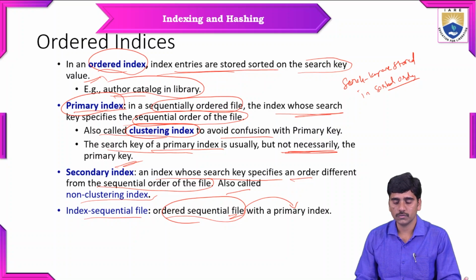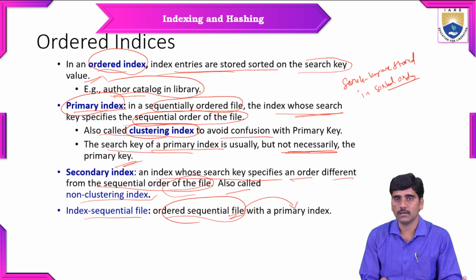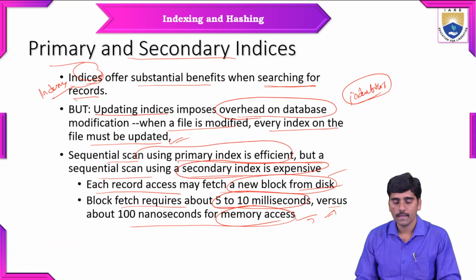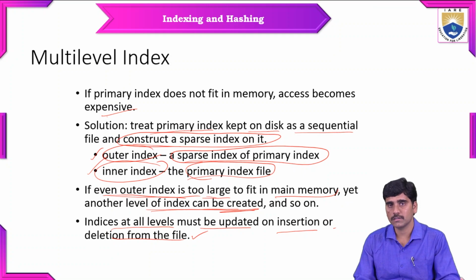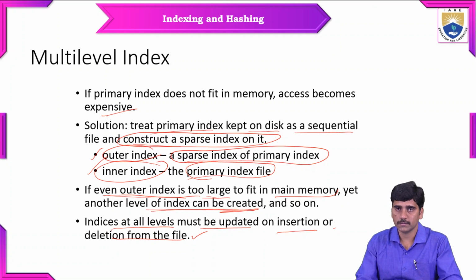The secondary index, whose search key specifies an order different from the sequential order, is also called a non-clustered index. For primary and secondary indexes, sequential scans can be used, and also multi-level indexes. If the primary index does not fit in main memory, then access becomes expensive.